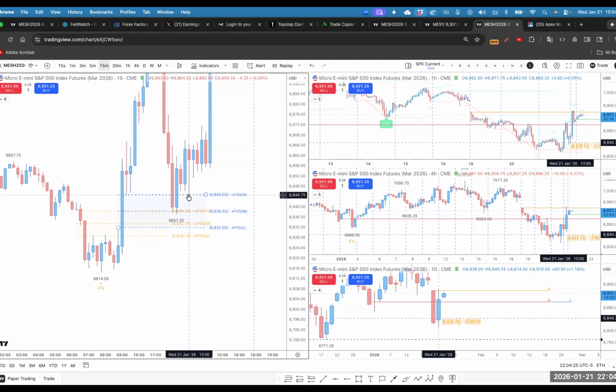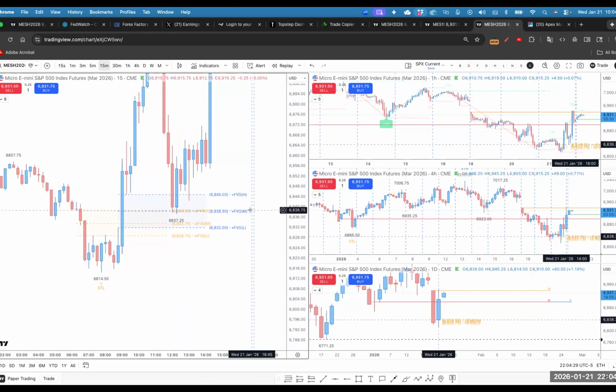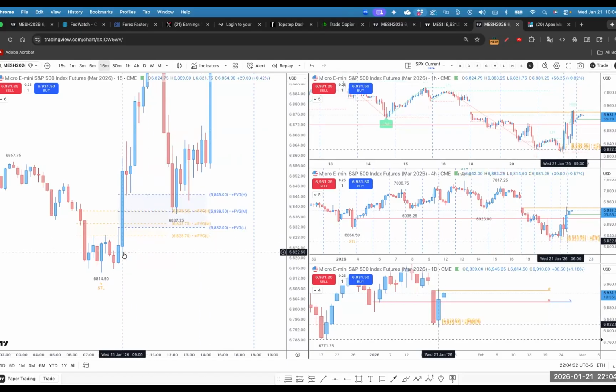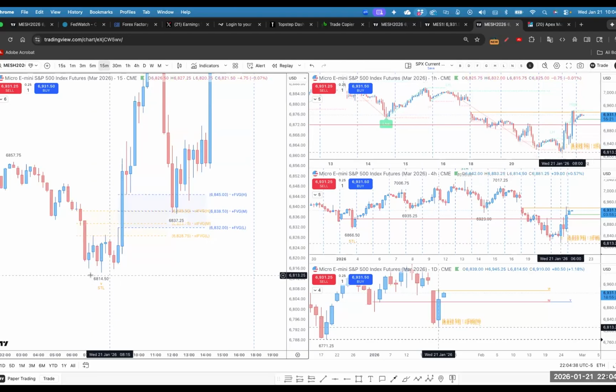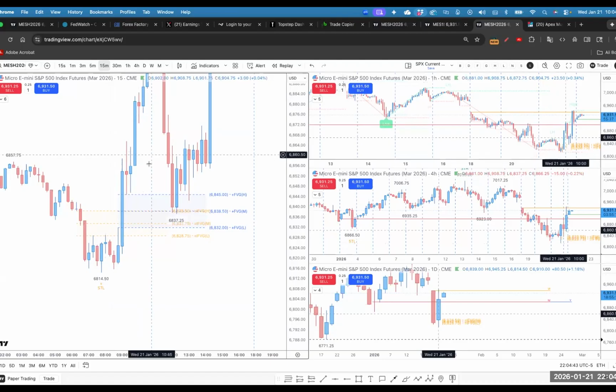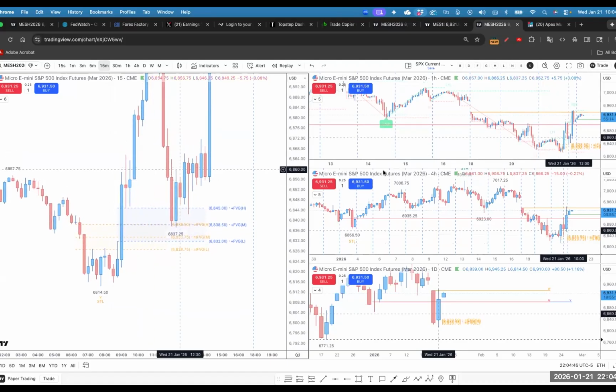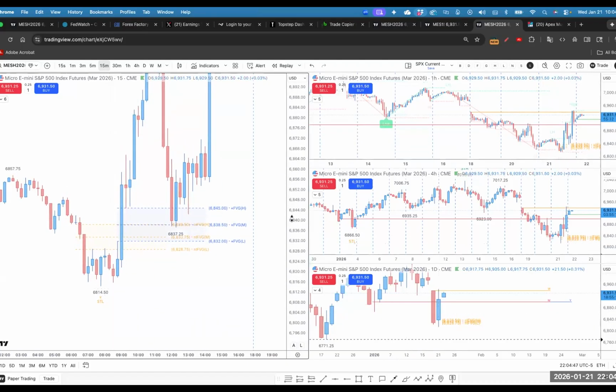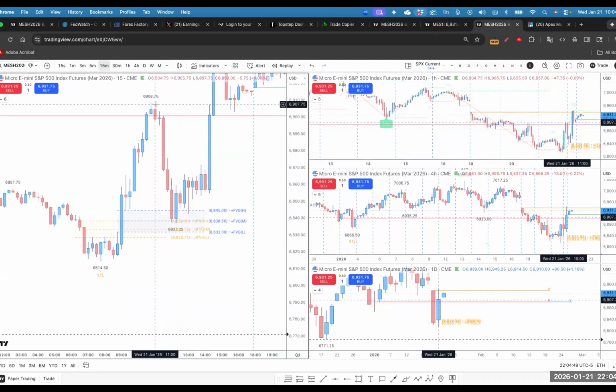In this particular case, the top of the fair value gap or the middle of the fair value gap, and then your stop loss is going to be below the candle that made the gap or the low itself. One of those two. And then your target is going to be the last high that was made, which is in this case up here. Normally you ain't going that high, but that's the main target right there.